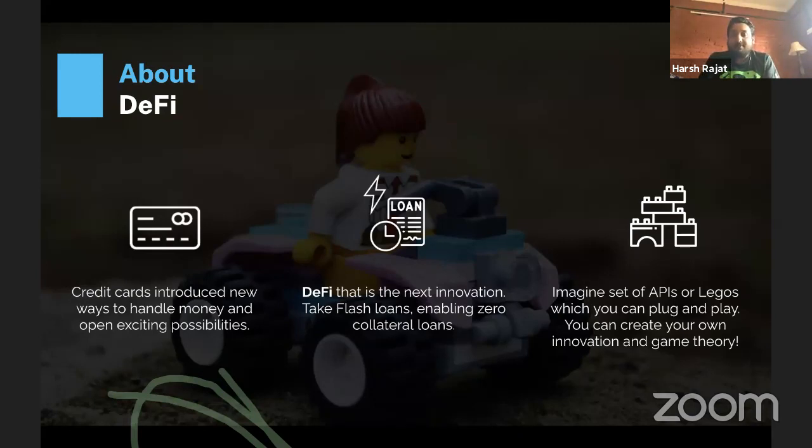And that actually brings me to summarizing what DeFi is. So again, it's decentralized finance, but it's also a set of APIs or a set of money legos which you can just pull and build your own solution. So for example, in the Flash loan solution, you're borrowing something, you're doing whatever you want to do, and you are returning it back to the lender.